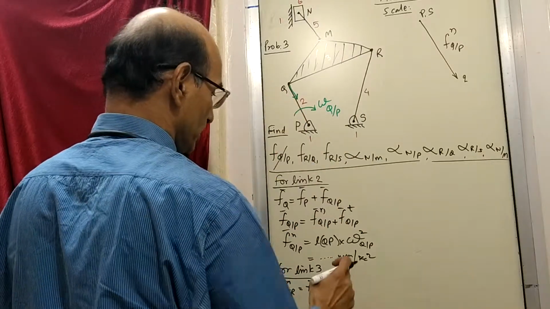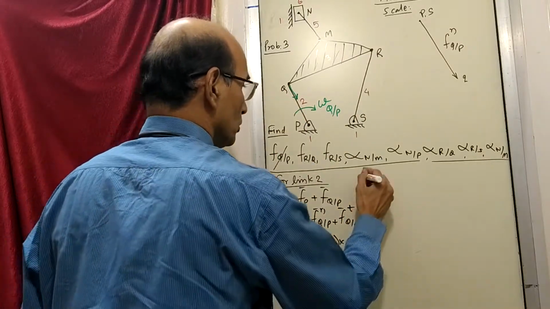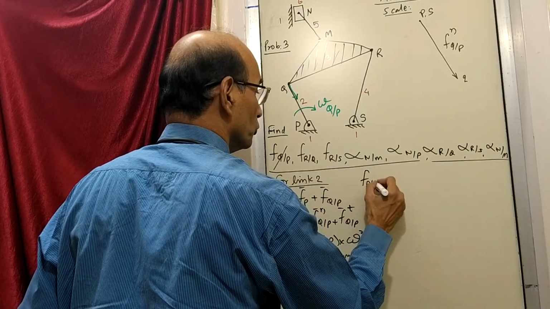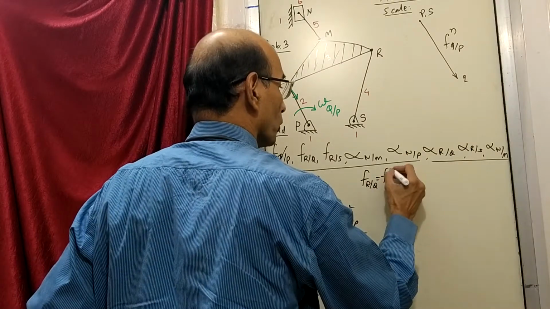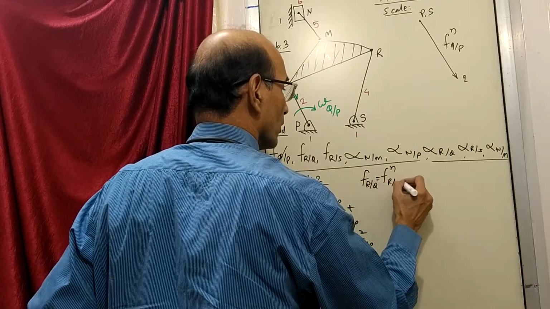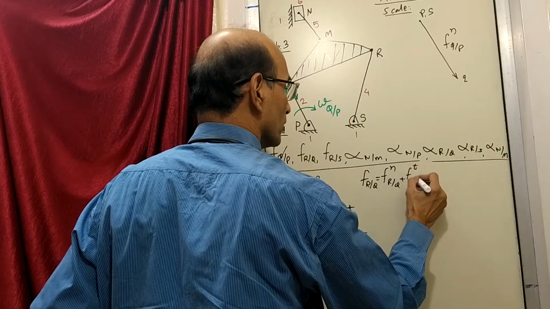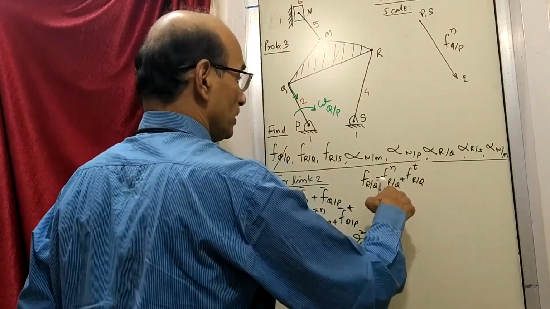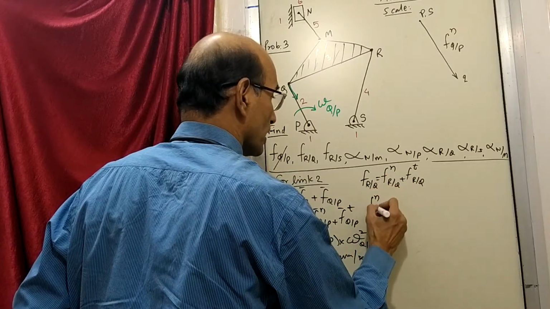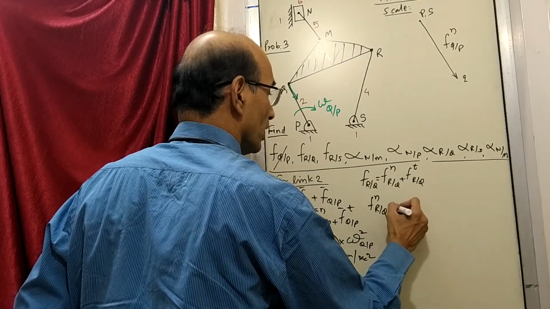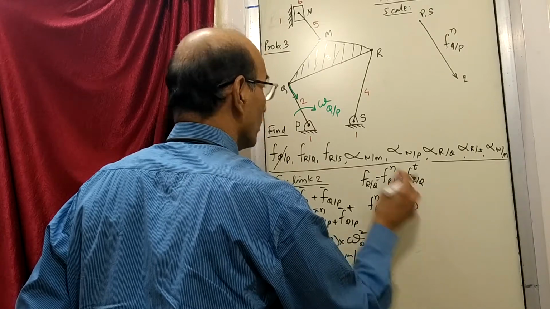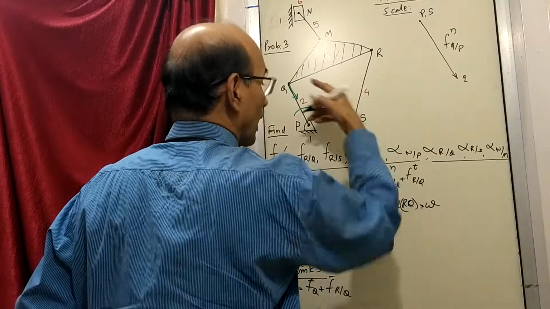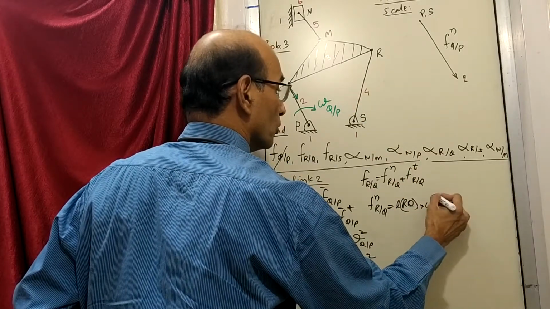So as usual we have written this equation. Out of that, now we write acceleration of r with respect to q given by its two components like this. One is normal and one is tangential, and out of that the normal component comes as length rq into omega square of r with respect to q, squared.